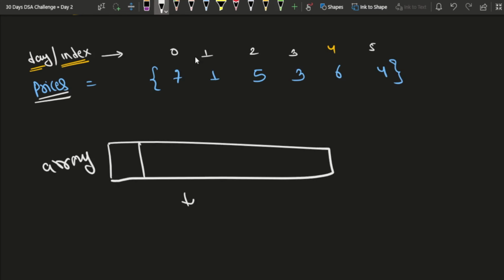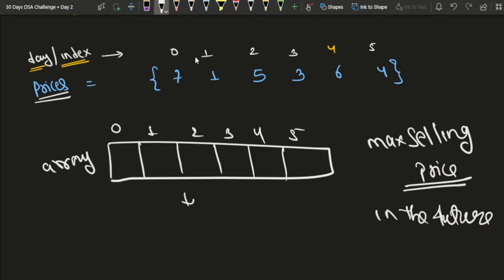Now just imagine you are at day number 1: what will be the maximum selling price in the future? This is our future, and we want the maximum selling price.